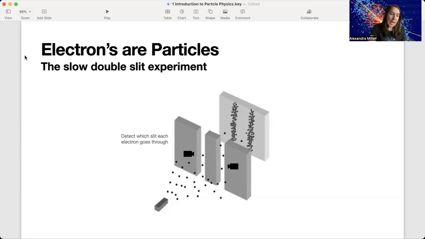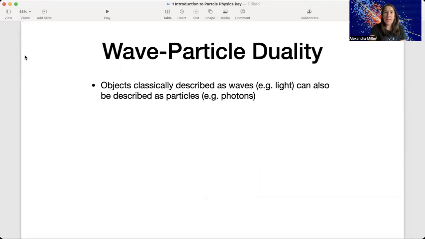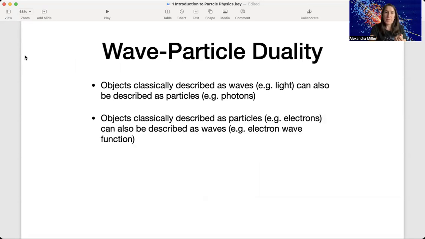So at the end of the day, what we now understand is that all fundamental particles can be thought of as having both a sort of traditional classical particle-like behavior and a wave-like behavior, right? And that's really what the wave-particle duality is. It states that objects classically described as waves, like light, can also be described as particles. In the case of light, these are referred to as photons.